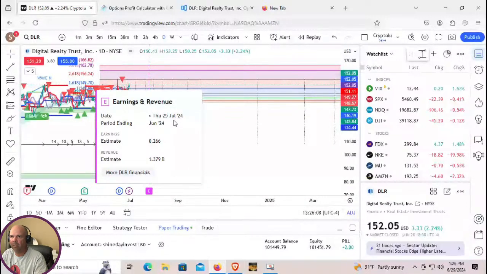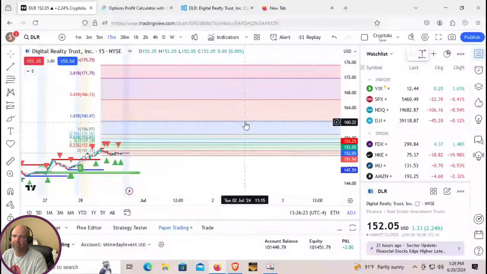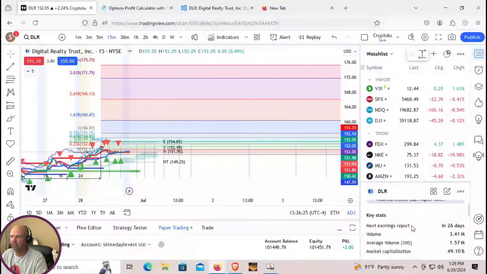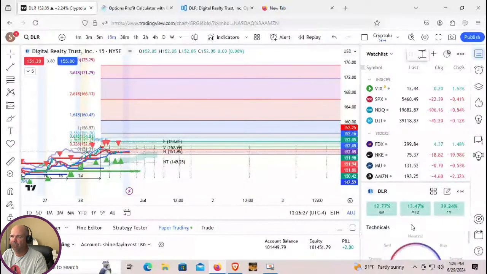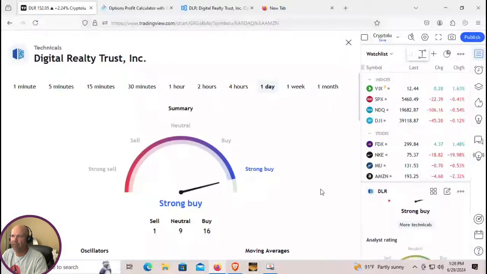Let's say TradingView has Thursday the 25th of July. Seems they go down to 132. Let's take a look at the technical. It's a strong buy. Okay, everything is strong buy and a buy.